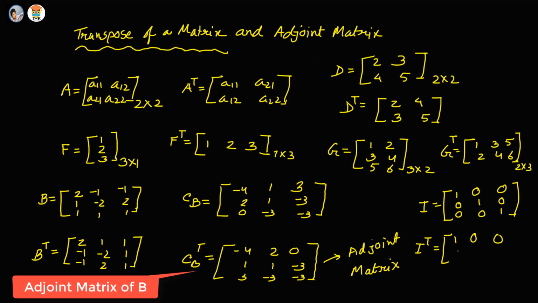The second column will be turned into the second row, 0 1 0, and the third column will be turned into the third row, 0 0 1. Therefore, we see that these two matrices are exactly the same. So we can say for any identity matrix, I will be equal to its own transpose.